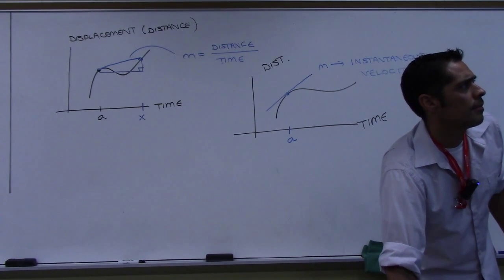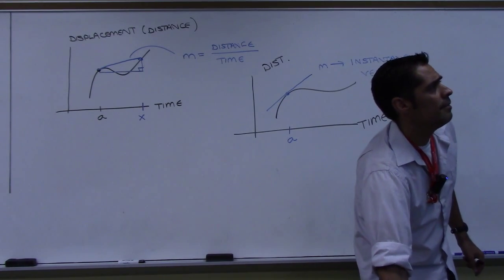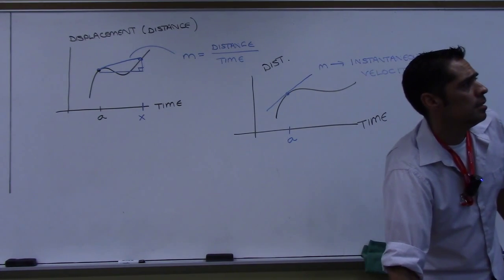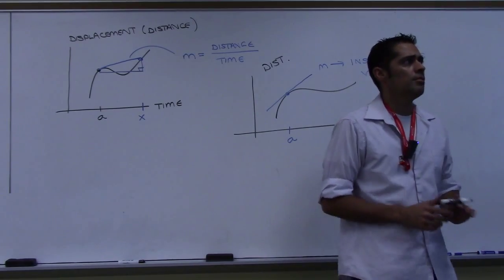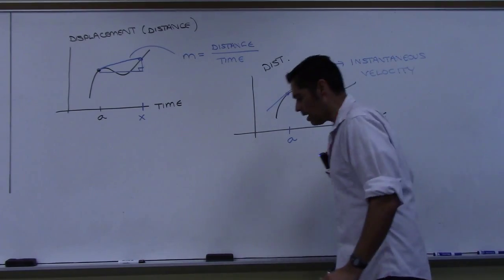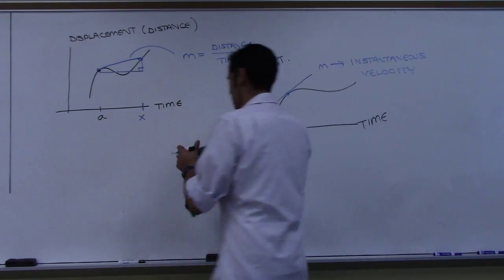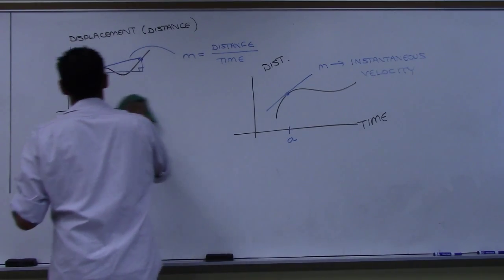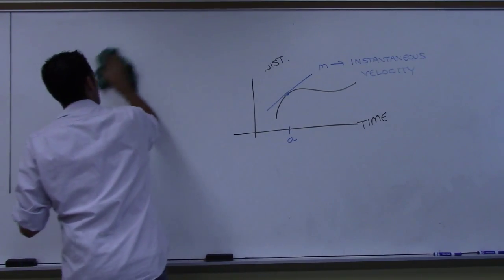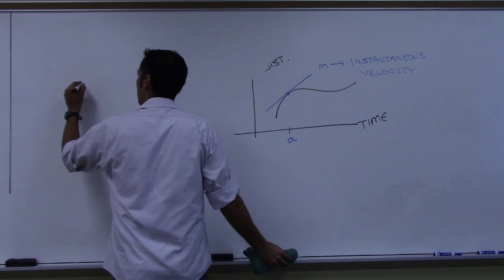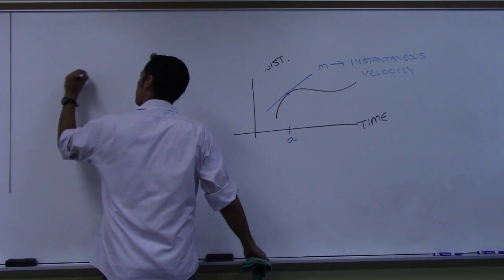There we go. All right, so now we have some notation. And then we'll talk about the instantaneous velocity. This limit comes up so often.